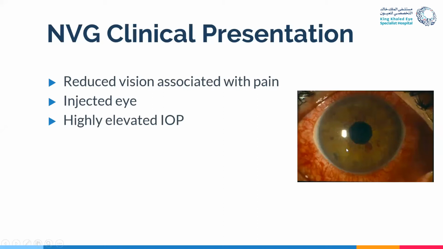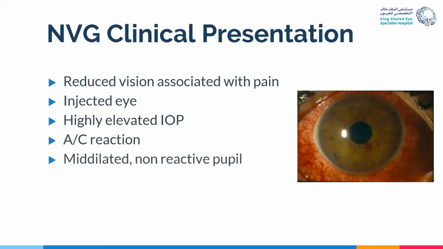There is neovascularization, but the cornea is clear, so probably the pressure is not yet high. But in NVG, usually there is highly elevated intraocular pressure, reduced vision, an injected eye, AC reaction, sometimes due to iris ischemia from the high pressure, and a mid-dilated non-reactive pupil.